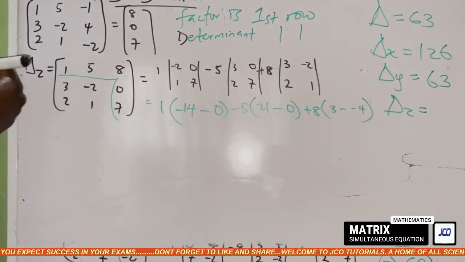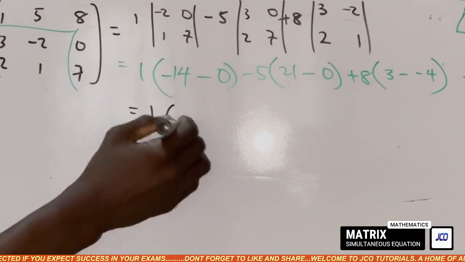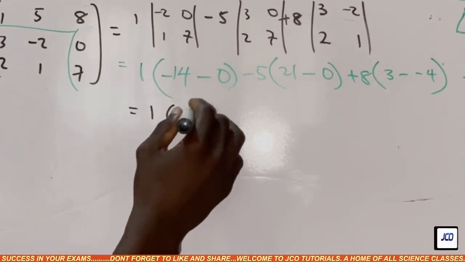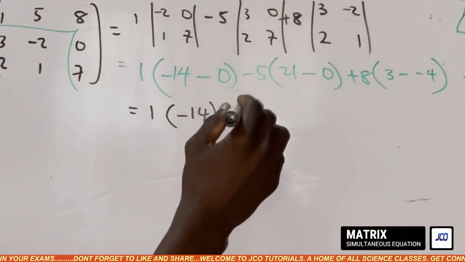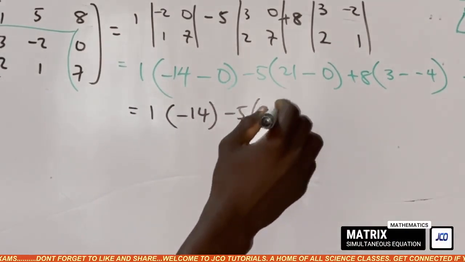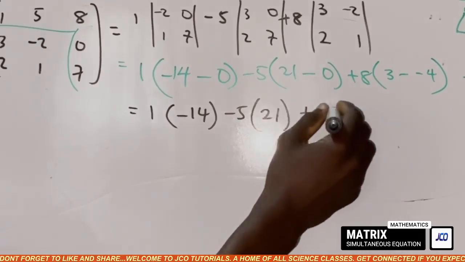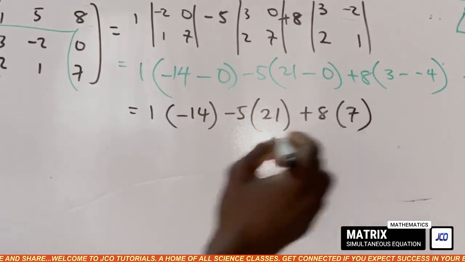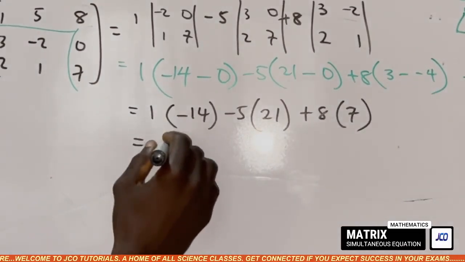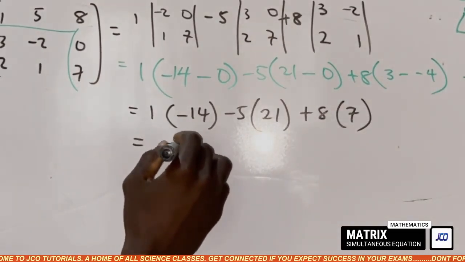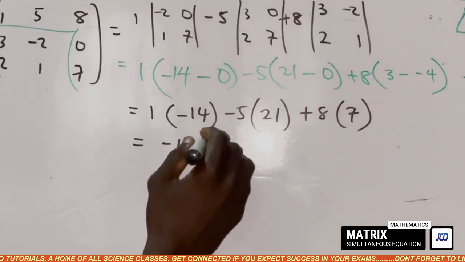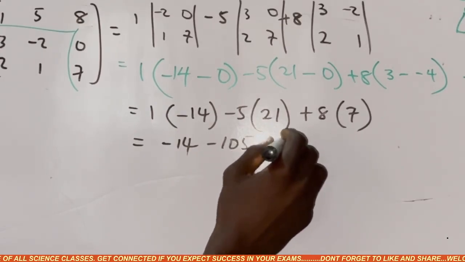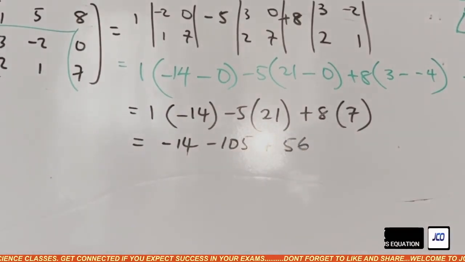Go on. 1 bracket minus 14 minus 0 gives you minus 14, then minus 5 here, 21 minus 0 is 21, plus 8 there, 3 minus minus is plus, 3 plus 4 is 7. 1 times minus 14 is minus 14, minus 5 times 21 is minus 105, and 8 times 7 is 56.